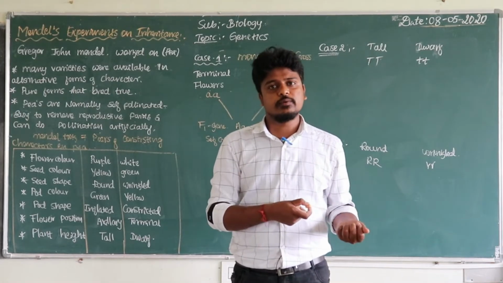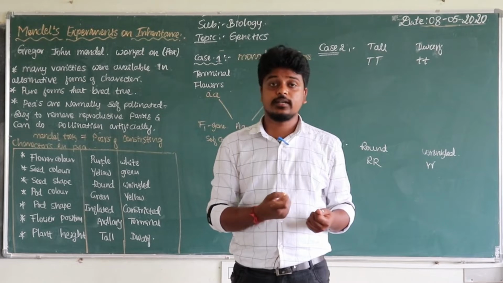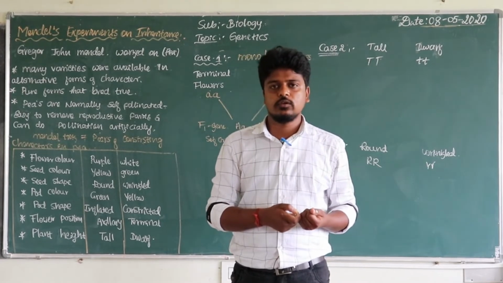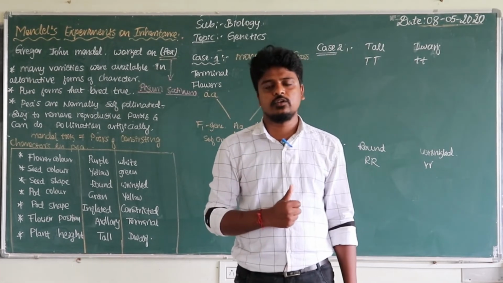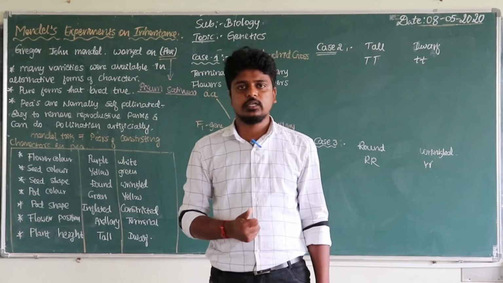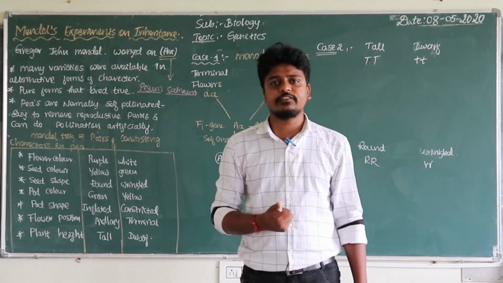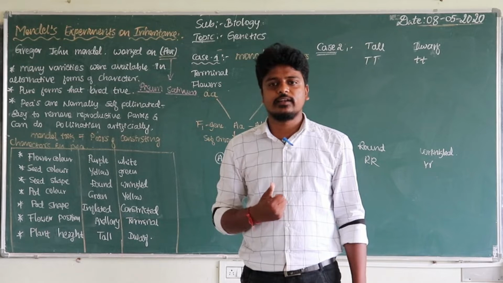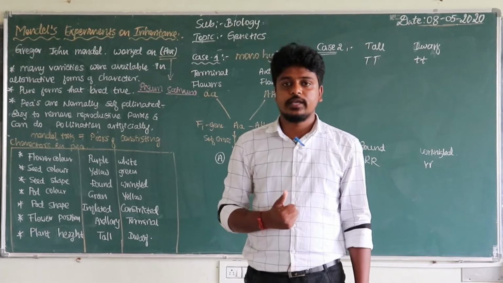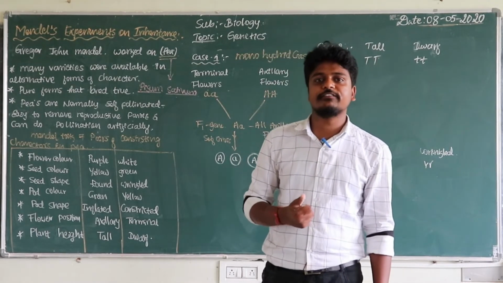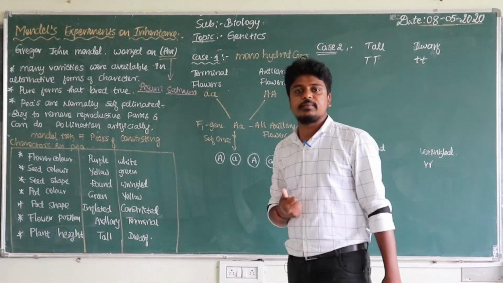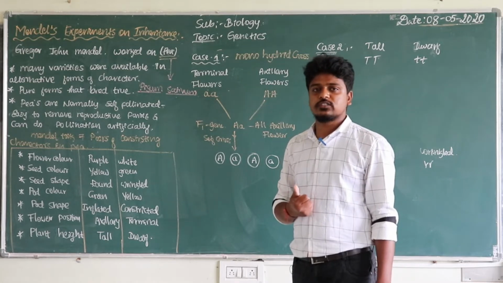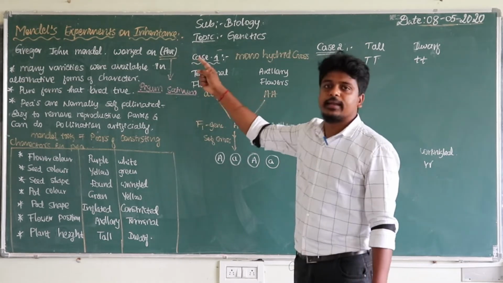Before, I told you about some genetic disorders, genetic diseases. Mendel was a famous scientist who mainly worked on plants, to get different varieties of yields. See what we call nowadays hybrids. In that, Mendel showed the different varieties and variations.